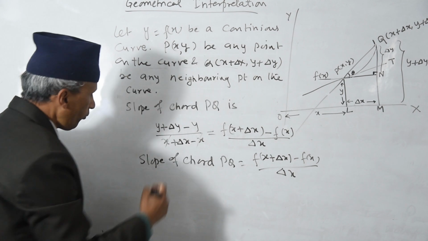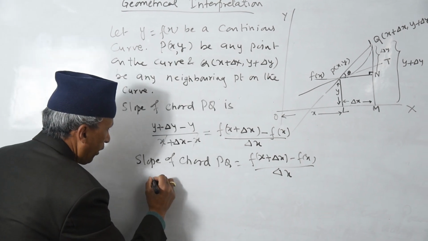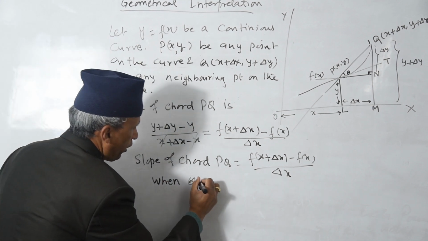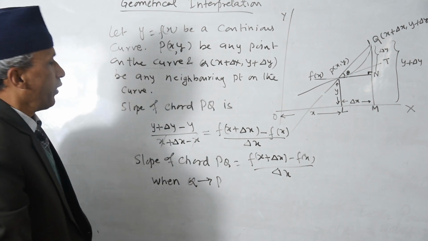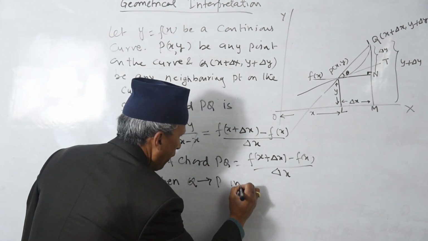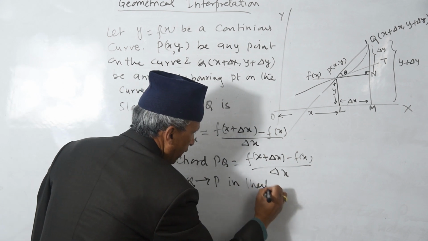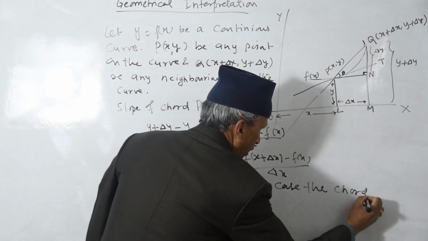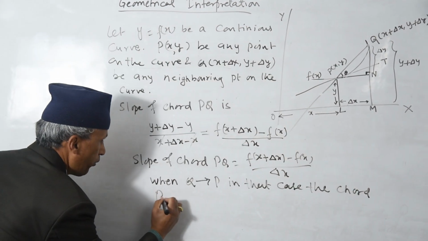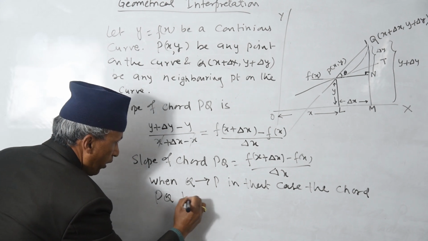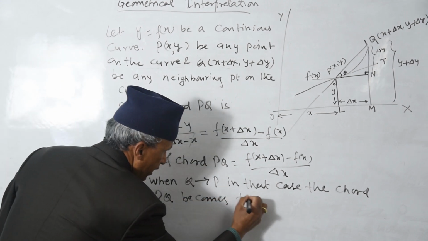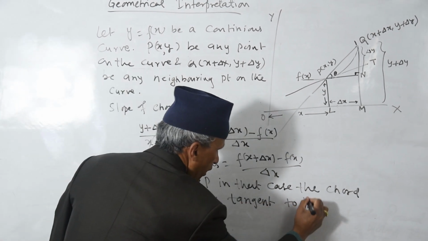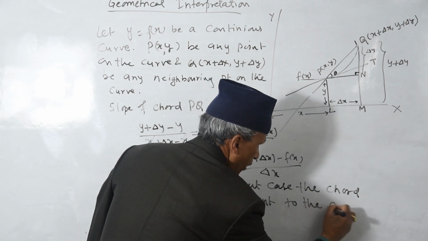So when Q tends to P, in that case, the chord PQ becomes tangent to the curve.